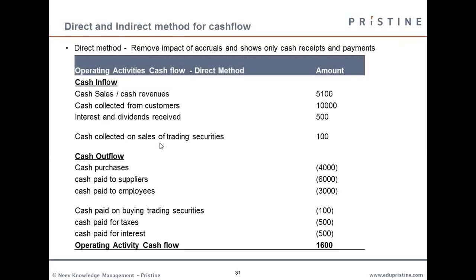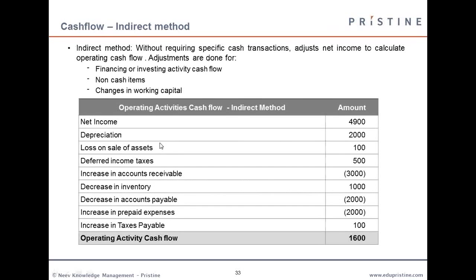So in the example that we have, if we try to interpret it in terms of indirect method, what we do is we first start with the net income. We add back depreciation and any other non-cash items that we have taken early on, so that we exactly get the cash flow of the operating activity accurately.